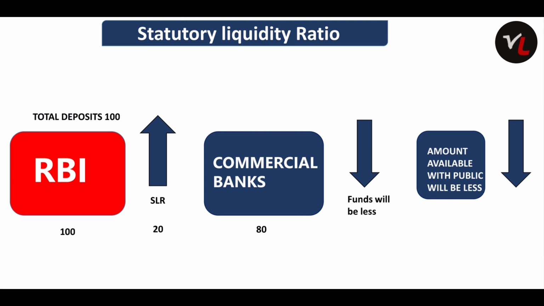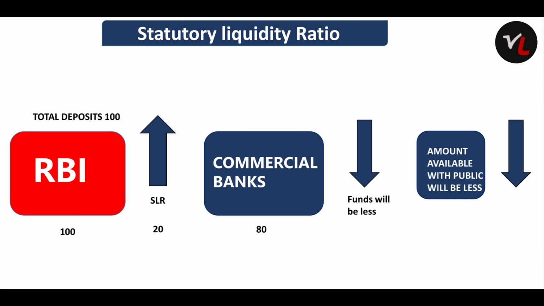So when SLR gets increased, funds of commercial banks to lend get decreased. Thereby the amount with the public also gets decreased because lending by commercial banks will be decreased. So people will get less money. This is how, when SLR increases, the money circulated with the public gets decreased.